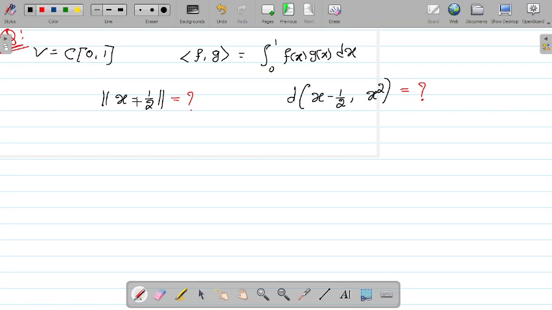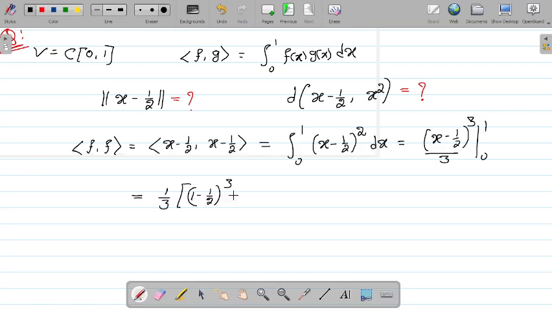We know this is x minus 1 by 2 whole cube by 3, with limits from 0 to 1. When you substitute, 1 by 3 is common, so 1 minus 1 by 2 whole cube minus 0 minus 1 by 2 whole cube.